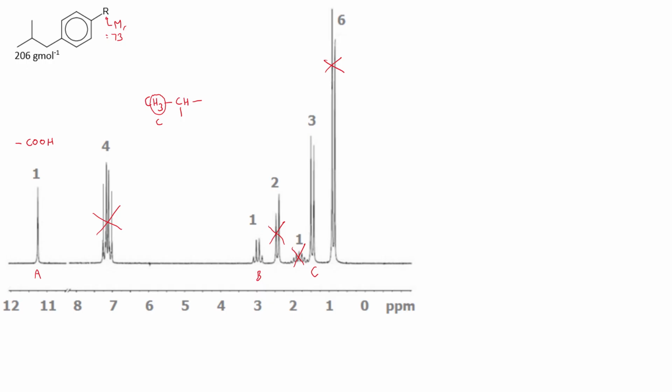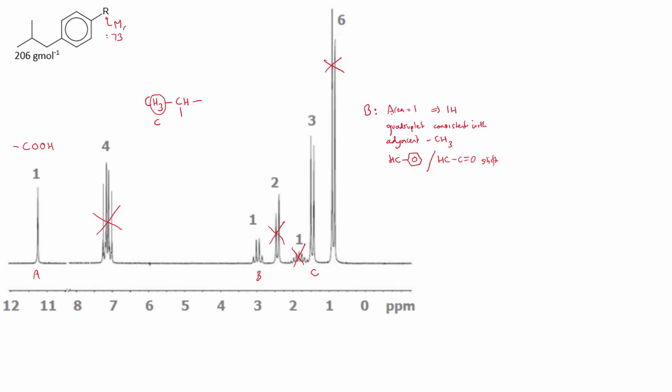So the peak we're talking about is peak B, and we can say that is causing that CH. So again, we just need to check that that fits the appearance of the peak in the spectrum. So we're talking about peak B there.